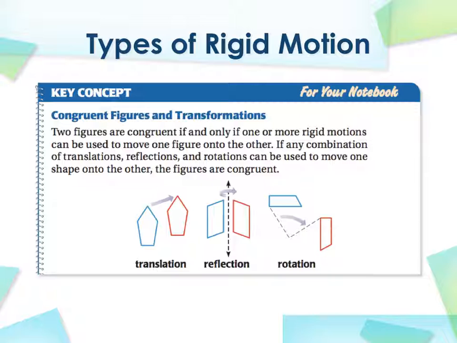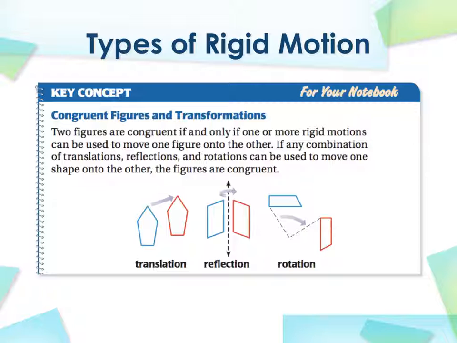So the key concept here is congruent figures and transformations. Two figures are congruent if and only if one or more rigid motions. Now, we can do two different movements. We can slide and flip, or we could slide and turn. So we can do more than one rigid motion.